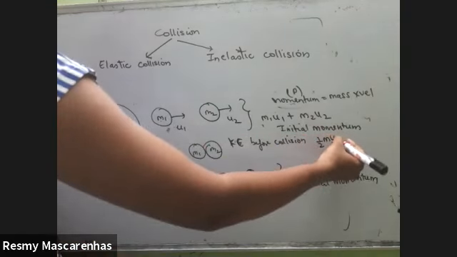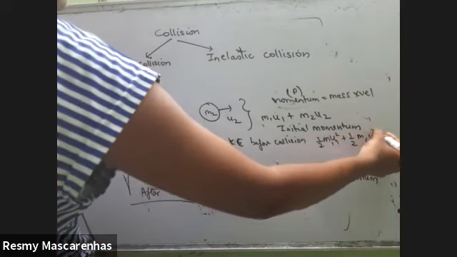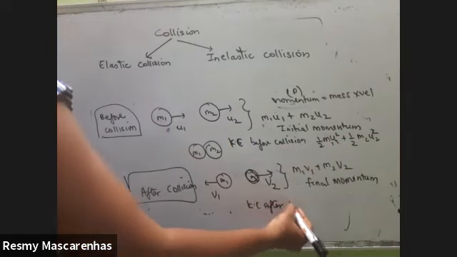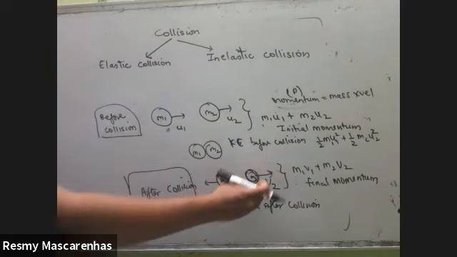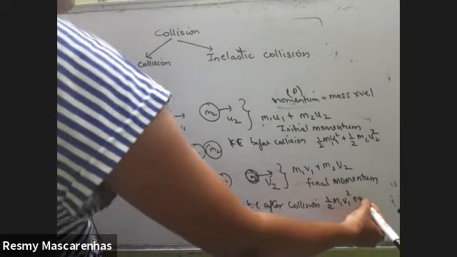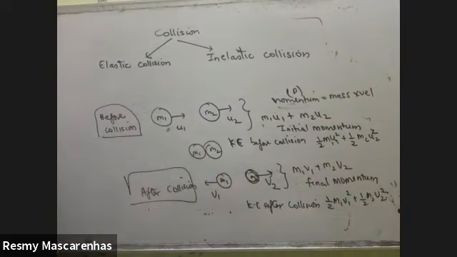So half m1 u1 square plus half m2 u2 square. Same way, kinetic energy after collision will be the kinetic energy of this one plus the kinetic energy of this one: half m1 v1 square plus half m2 v2 square. This is kinetic energy after collision.